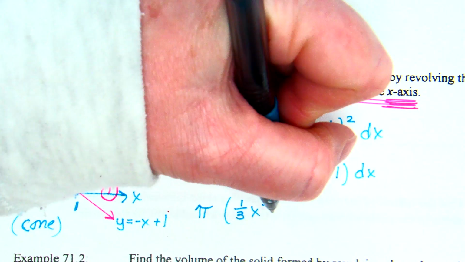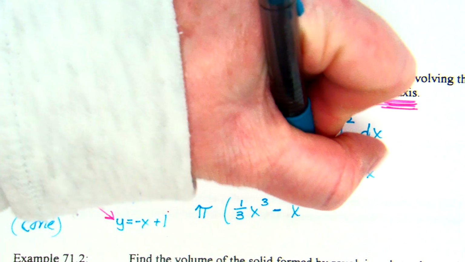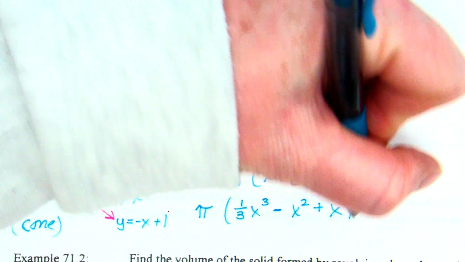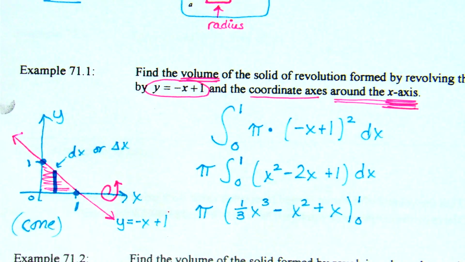Minus integral of 2x. Add 1 to the power, divide by the new power. X squared. Plus integral of 1. X. When it's a constant, you always just add it on. And then we are evaluating from 0 to 1.